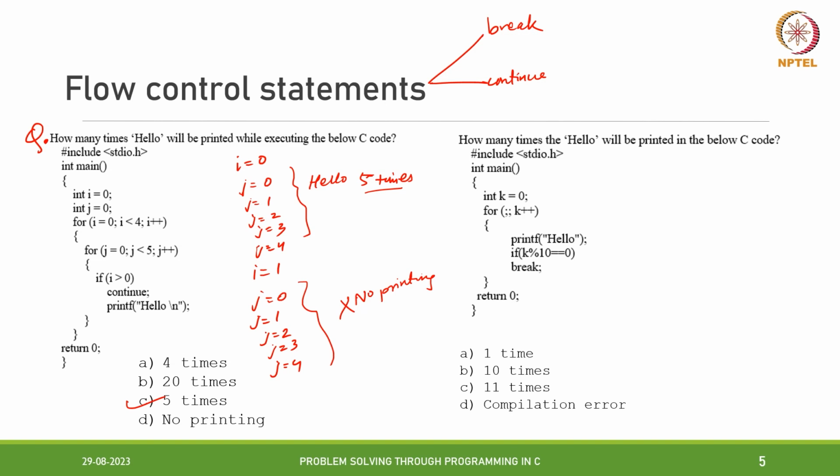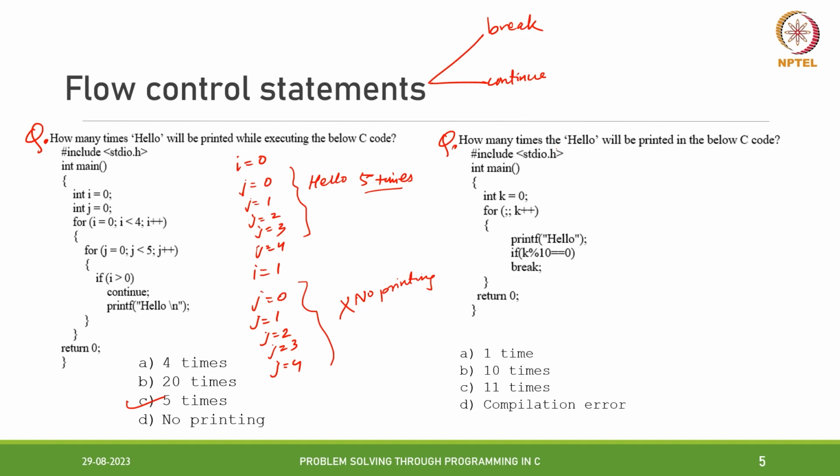Okay, so now we are looking at another hello. Lots of hello today. We have an integer variable k, initialized to 0. As you can see, we have no condition here, just the increment operation, which will happen at the end of the iteration.